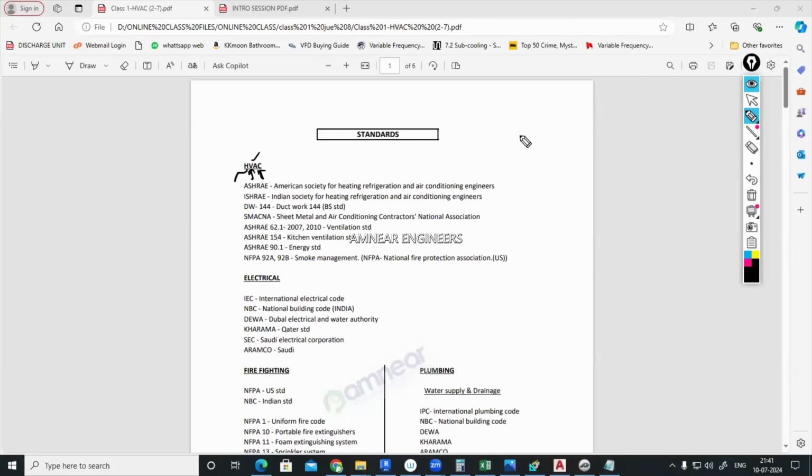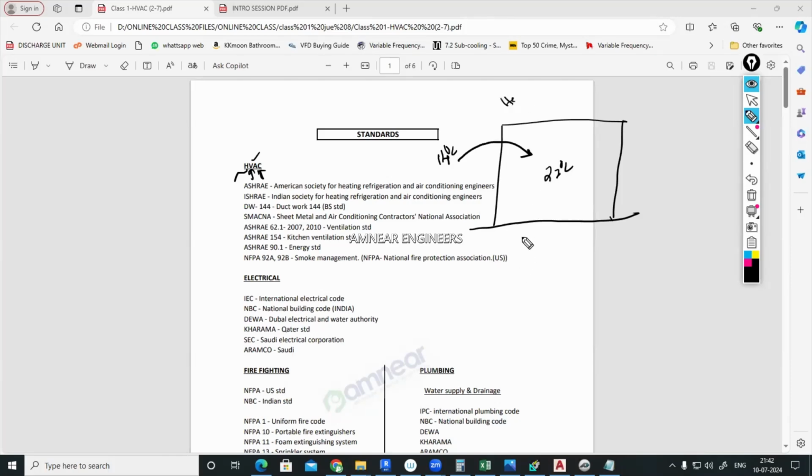What is heating? Everyone is familiar with heating. For example, if you have a space and the atmospheric temperature is, let's say, 14 degrees Celsius, and inside your room you need 22 degrees Celsius, then with respect to the atmosphere the space temperature has to be increased. That is called heating.